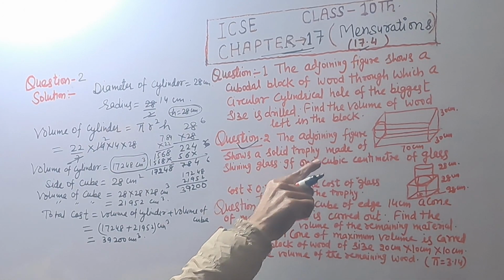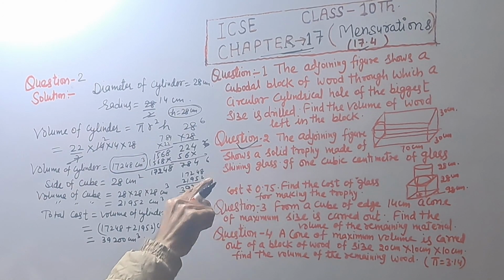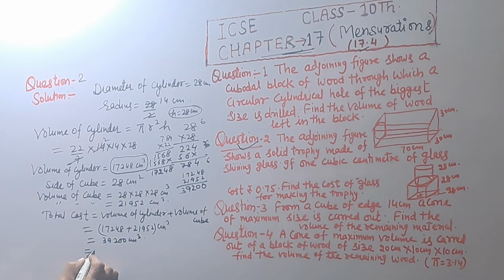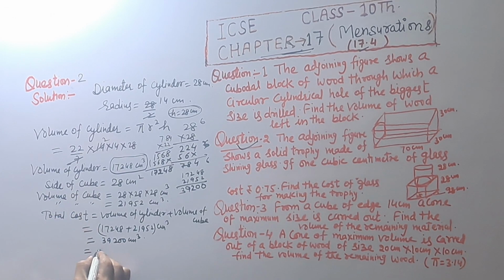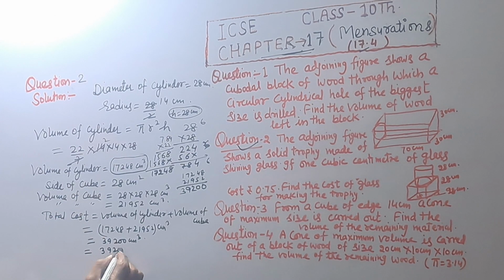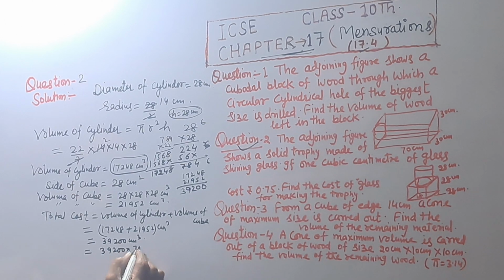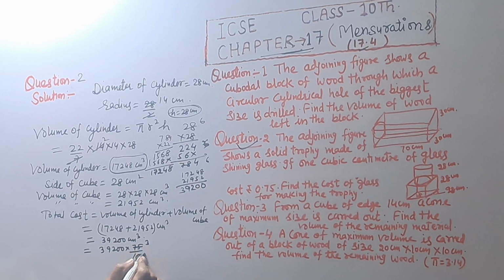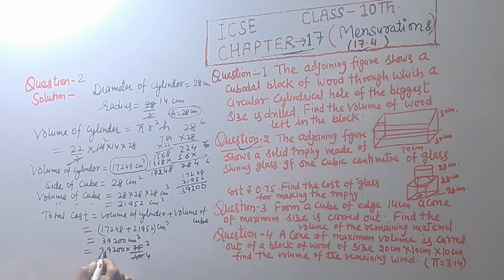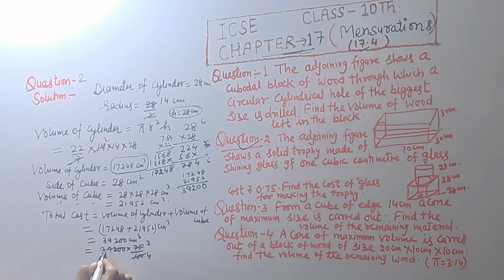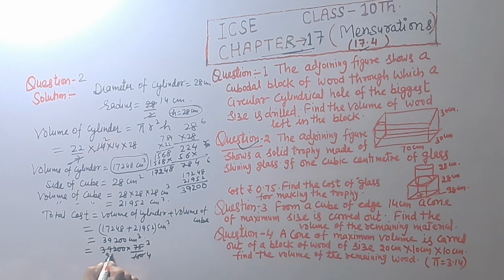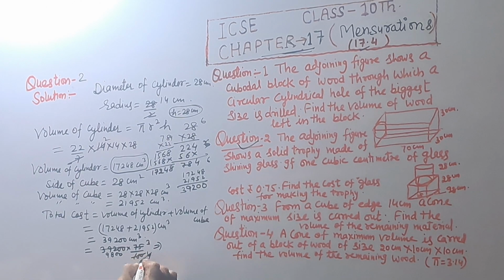And given that 1 cubic centimeter of glass costs rupees 0.75, so total cost is equal to 39,200 into 75 upon 100. 25 3s are 75 and 25 4s are 100, and this is divisible by 4. 4 9s are 36, 4 8s are 32, and 0 0, 4 is cancelled.